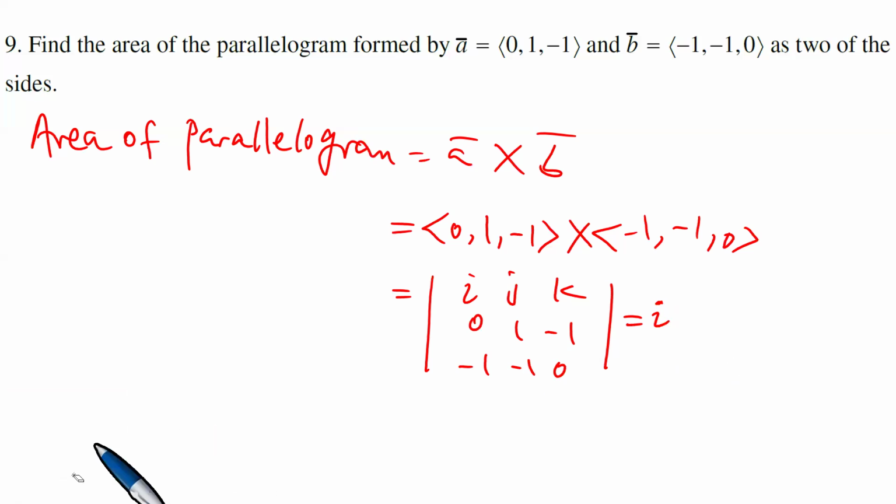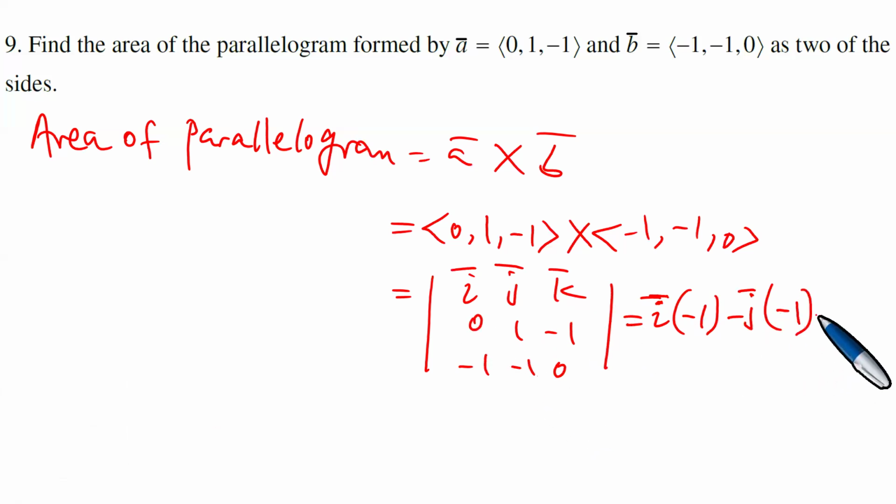So now you multiply these, and you get a minus 1, minus j, and then a minus 1 plus k.